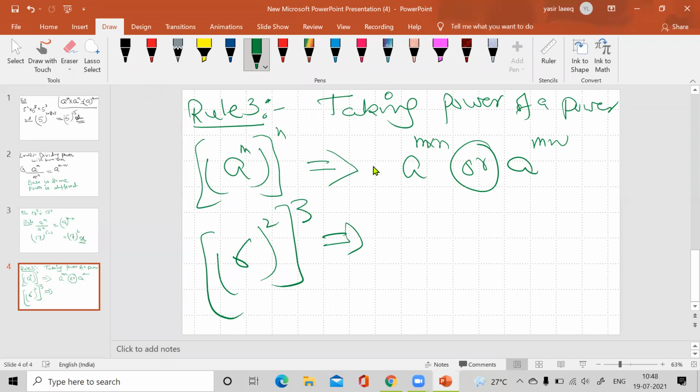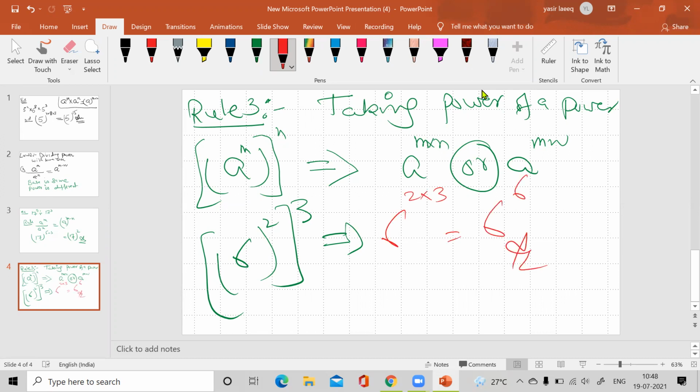Rule number 3. It is very easy. Just multiply. As you see here, 2 into 3 is 6, so it is 6 raised to the power 6.